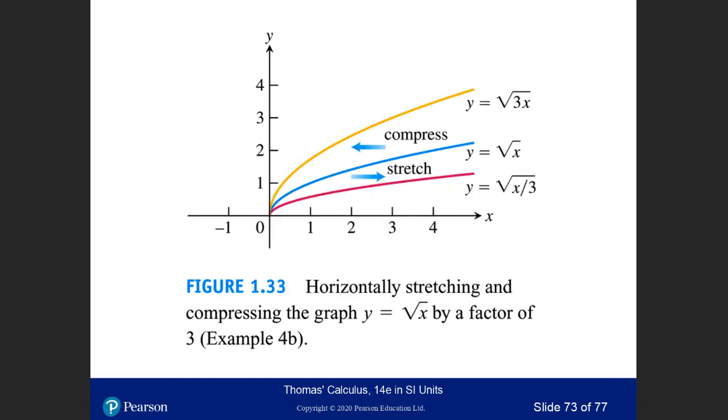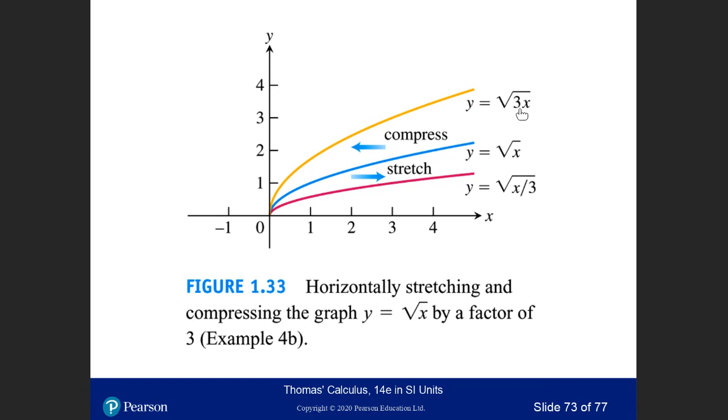Let's look at the horizontal one. Again, we use the same function, y is equal to square root of x. I want to compress horizontally, which means that you push it toward the y-axis. So you multiply x by 3. That's compression horizontally.